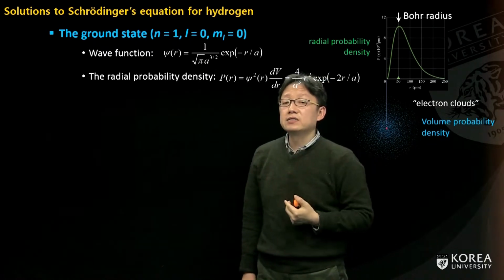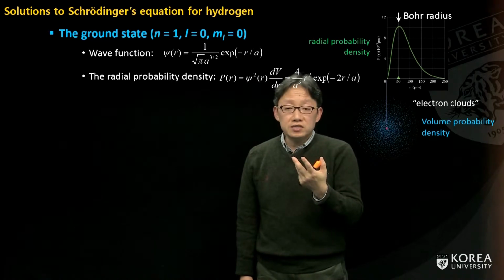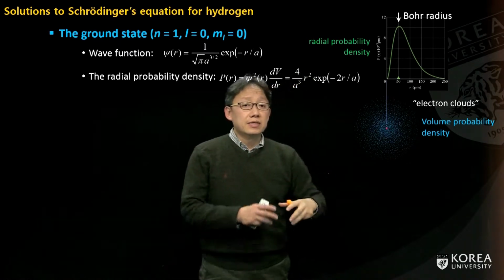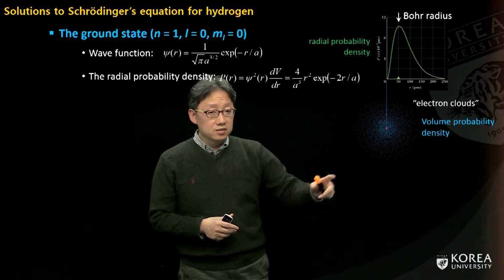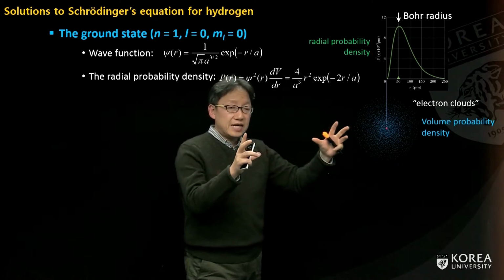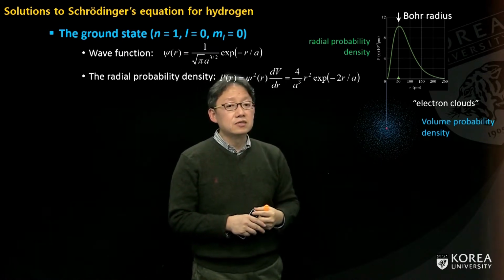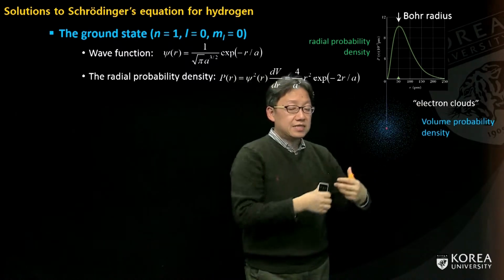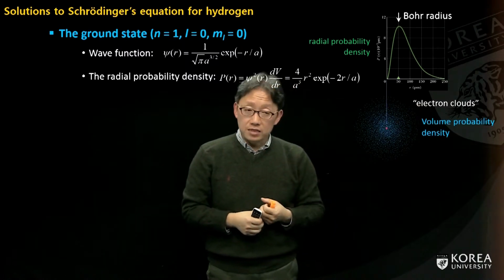And if you are at 0 distance, which is at the center, you will have a certain number. This is a three-dimensional object, so basically it will look something like this. It is not a single one-dimensional function, but it is a cloud. That is exactly why we call it an electron cloud.